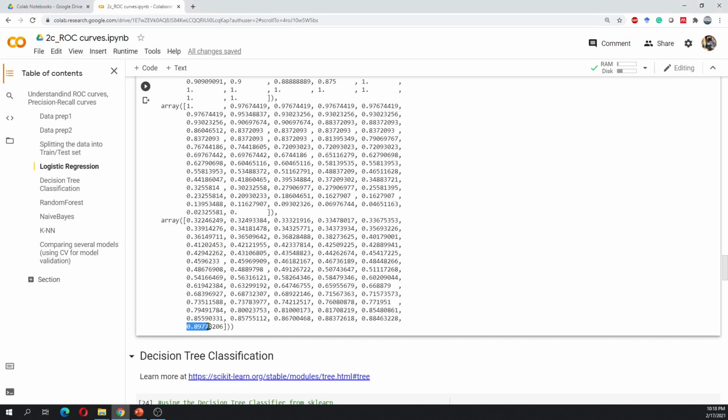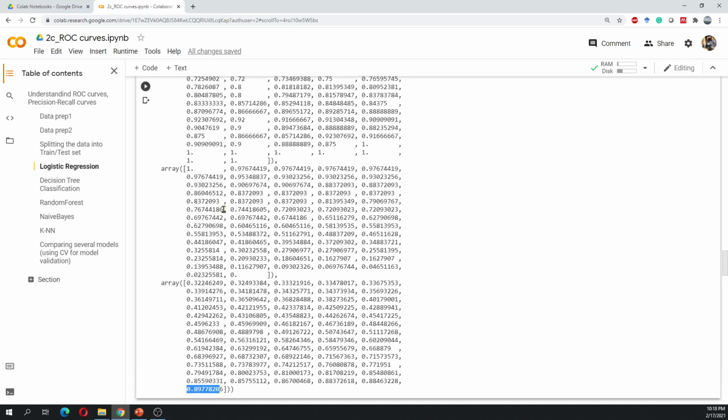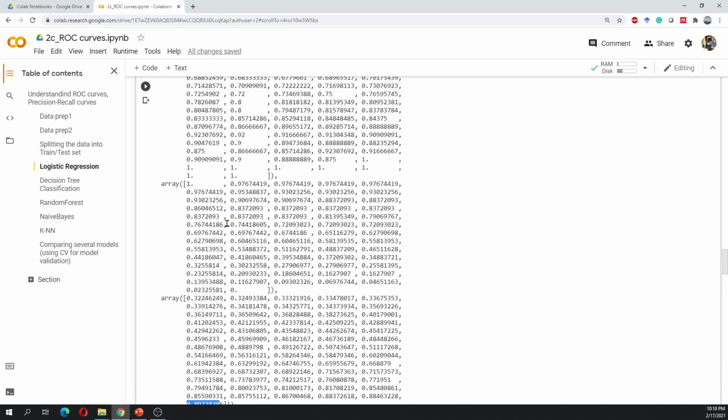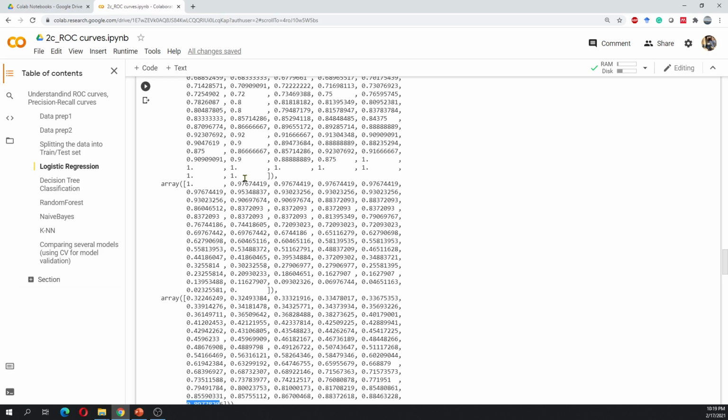So if we set threshold at 0.89, the recall is going to be 1, and I read this. Did I read this incorrectly? Yeah, no. Okay, the last one, we're going to ignore it and start from the one before it. Again, that last value is just arbitrary in this case.